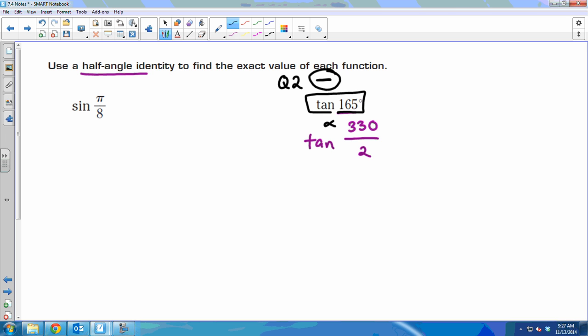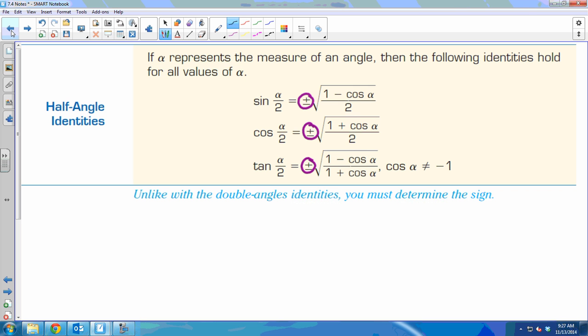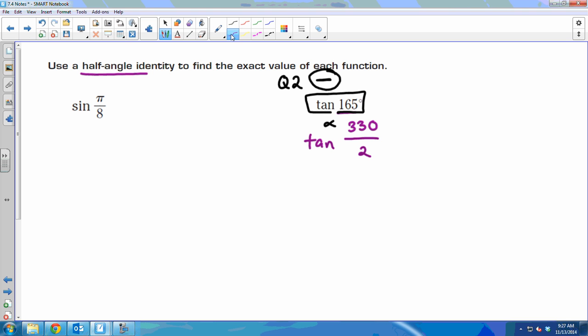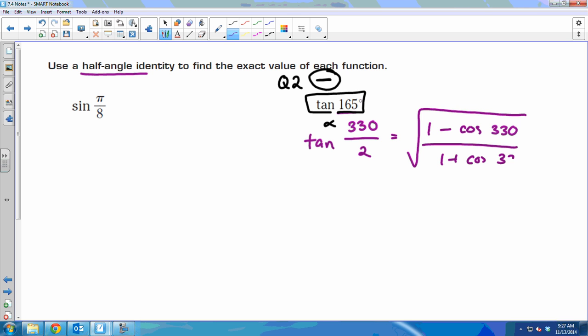All right, so the half angle identity for tangent is the square root of 1 minus cosine alpha over 1 plus cosine alpha. So 1 minus the cosine of 330 over 1 plus the cosine of 330.